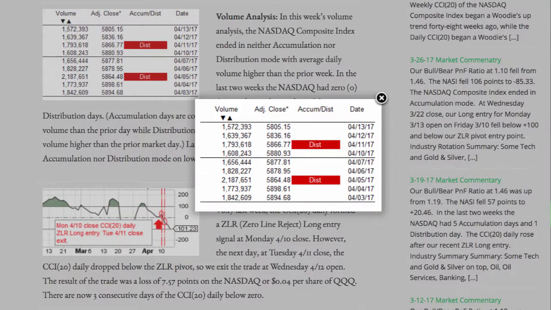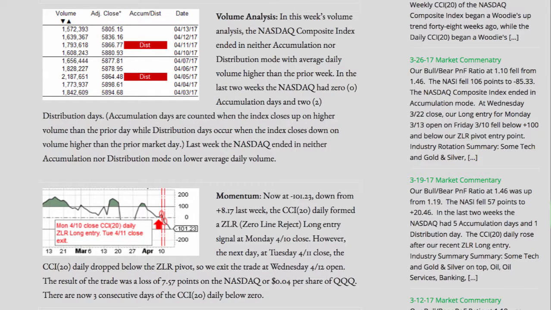Volume analysis. In this week's volume analysis, the Nasdaq Composite Index ended in neither accumulation nor distribution mode, with average daily volume higher than the prior week. In the last 2 weeks, the Nasdaq had 0 accumulation days and 2 distribution days.